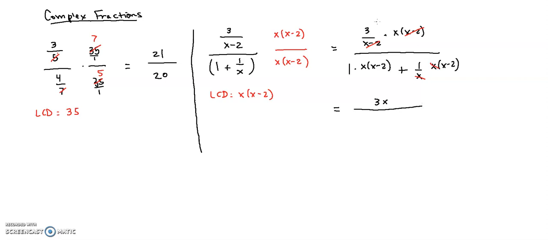The denominator canceled out, so we're just left with 3x. Here, there's no denominator, so we're just going to multiply 1 times this, which is x minus 2. And then here, the x's cancel, and we're left with 1 times x minus 2, and of course that 1 isn't doing anything, so we've just got x minus 2.